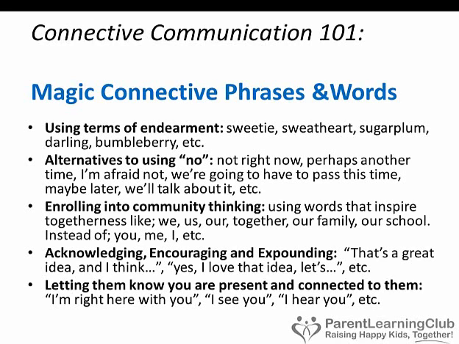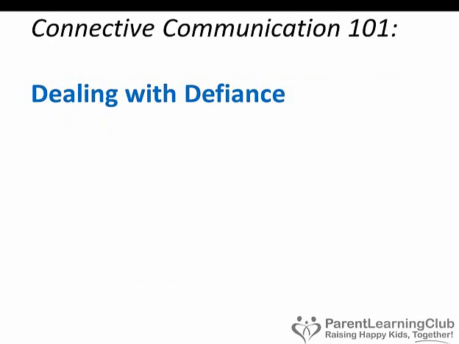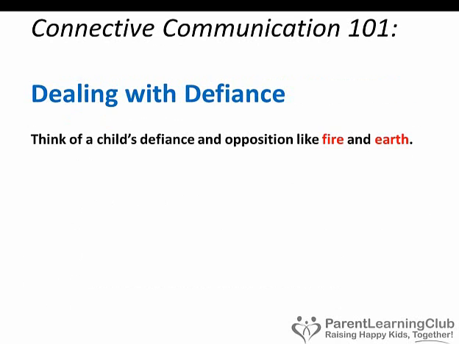So all these words and these examples you see on these pages, you can use these. You can try them out, and you'll see how well they actually work for you. And these are all in the Democratic Parenting book under the chapter of connective communication, so you can get them there as well. So let's talk about how to use connective communication with defiance.